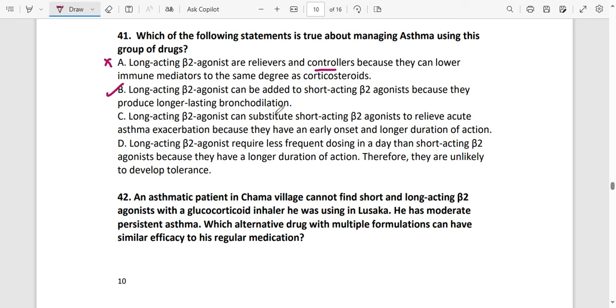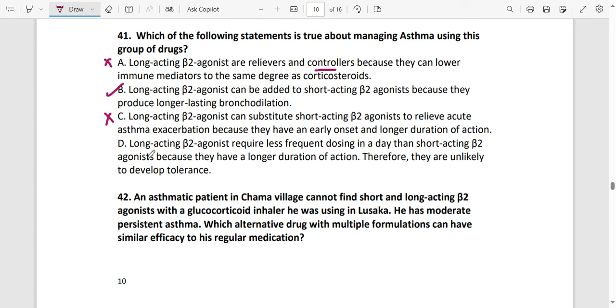C. Long-acting beta-2 agonists can substitute short-acting to relieve acute attacks. You can't substitute them in acute exacerbations, and they don't have an early onset of action. They don't even have that. D. Long beta-2 agonists require less frequent dosing in a day than short-acting because they have a longer duration of action. Therefore, they are unlikely to develop tolerance.